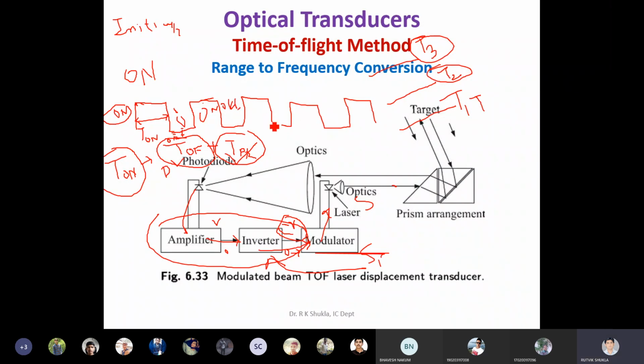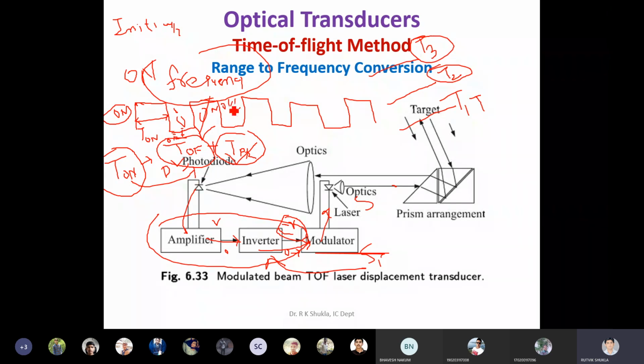So it means this signal has a definite frequency, and one frequency is obtained for on and off, because it turns on and off repeatedly. It means this particular signal has some definite frequency and that frequency depends upon the on time, and that on time generally depends on the time of flight. Clear?